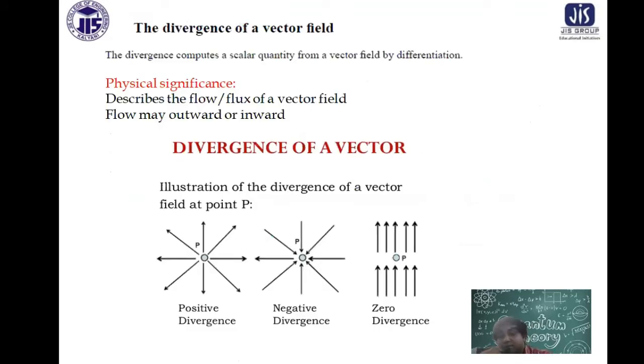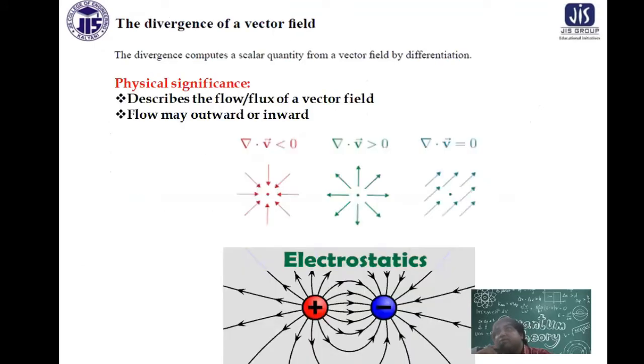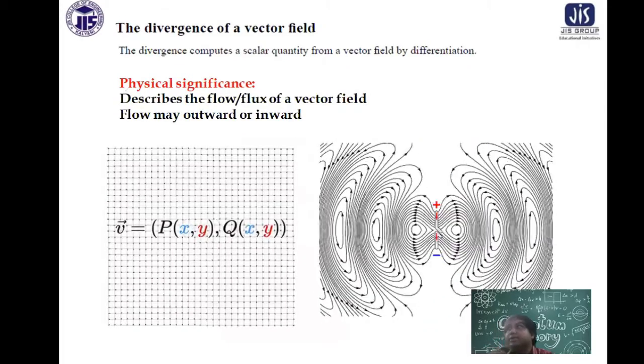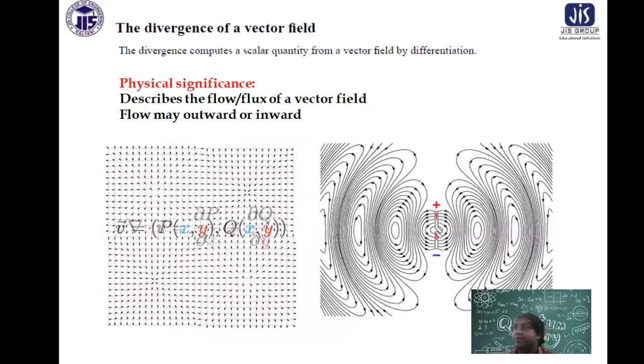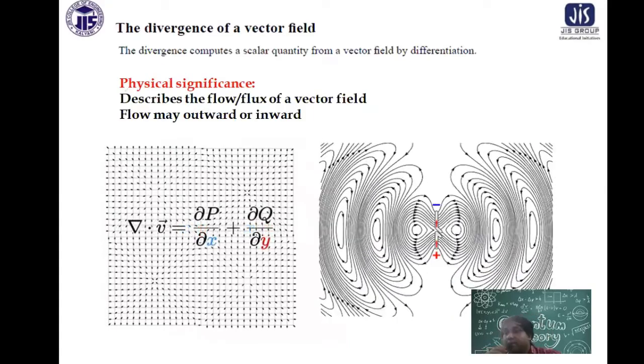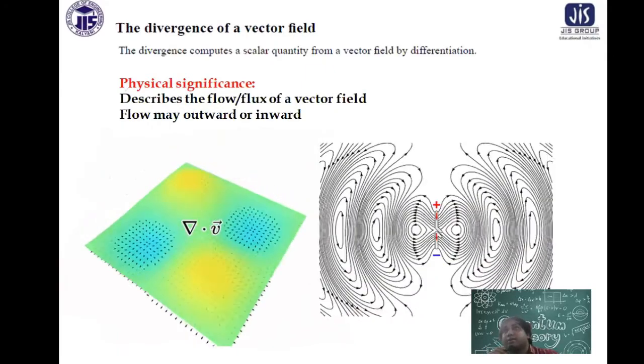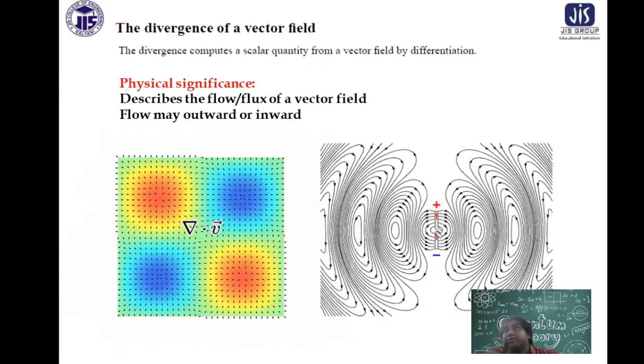Now divergence, as I told you: greater than zero is going out, less than zero is coming in, and zero means no field. And it's a beautiful picture. It is available in my previous video lecture also. You can see there that lines of force are going out.